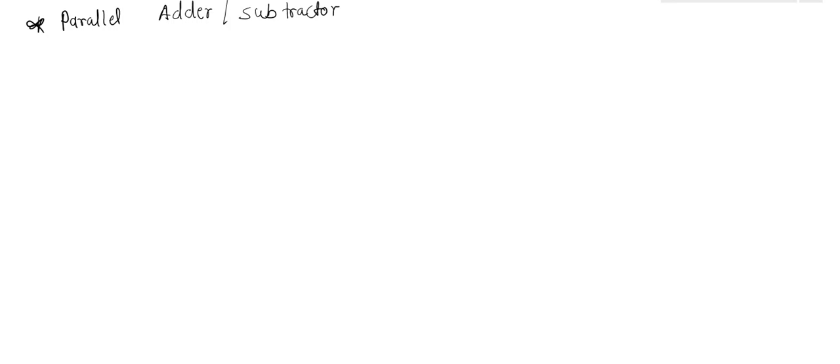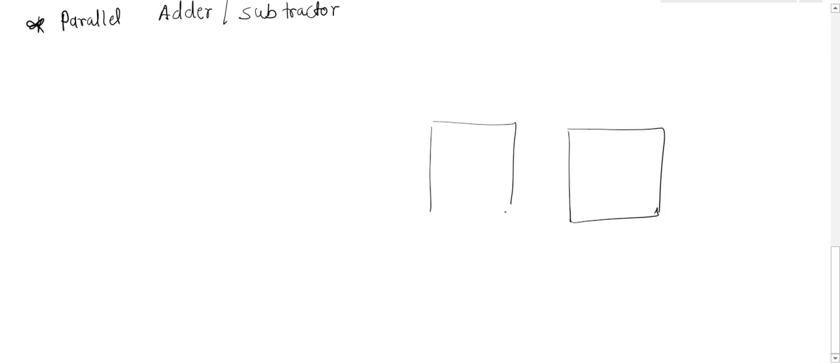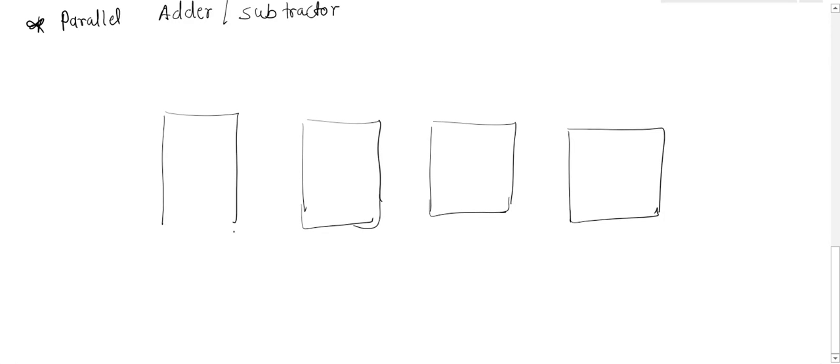Now first we'll see the design of the 4-bit adder subtractor, then we'll see how it works. As I'm going to implement a 4-bit adder subtractor, I have to use 4 full adders. This is my first full adder, this is the second full adder, third full adder, and the fourth full adder.